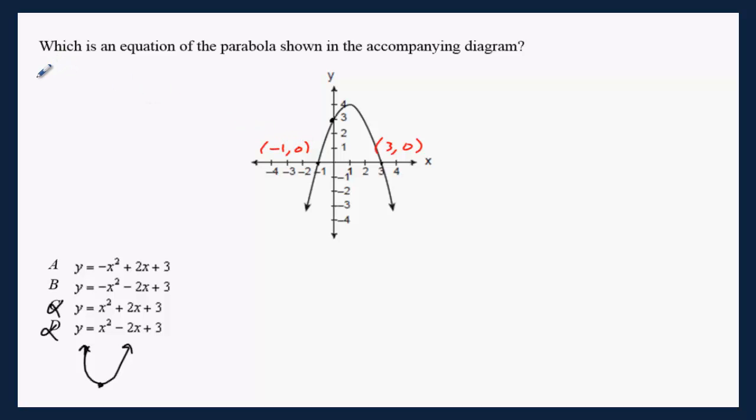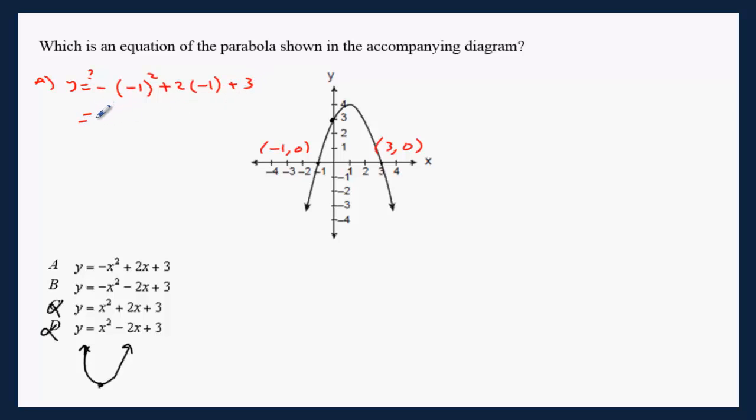Let's try choice A. y equals, we're going to substitute -1 for x. So be careful when you substitute. This is negative, open parentheses, -1 to the power of 2, plus 2 times -1, plus 3.